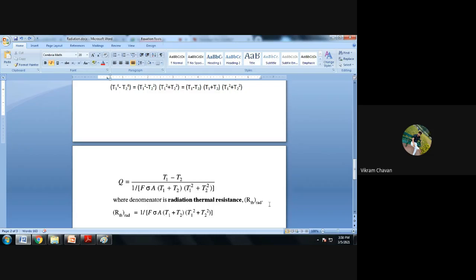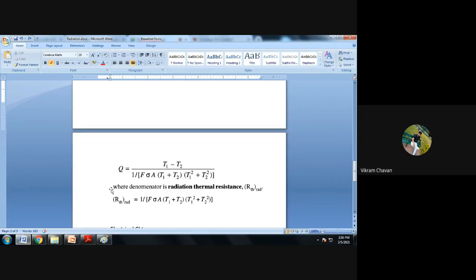So we can give the significance R_th radiation to this denominator, where R_th radiation will be equal to 1 divided by [F sigma A (T1 plus T2)(T1 square plus T2 square)].